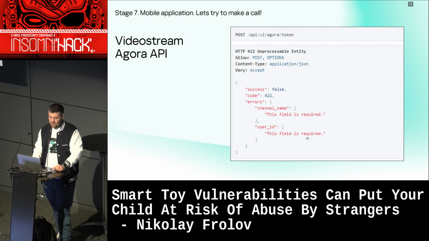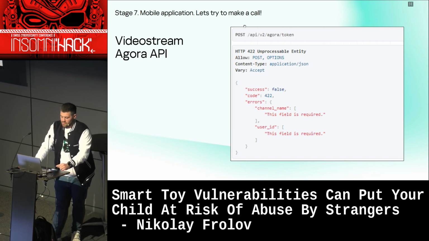After that, we decided to sniff how the mobile application calls the robot. We think that is the most interesting case. Because we have the Django backend, we got the sniff. We see the first step requires the Agora token.